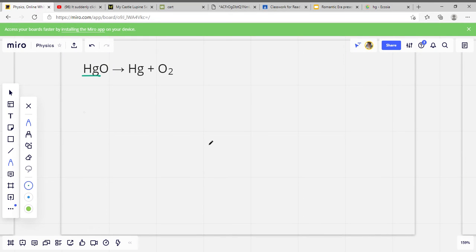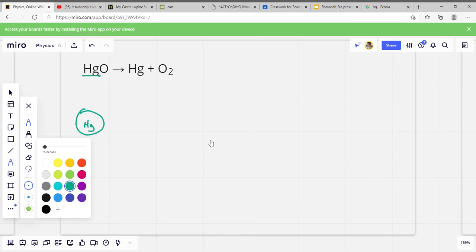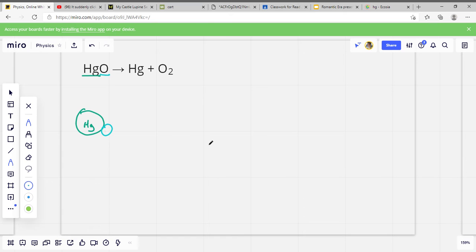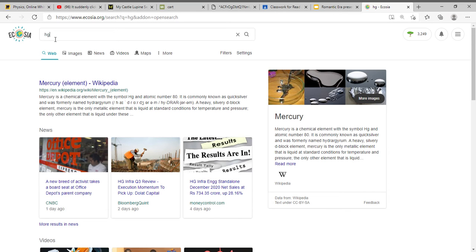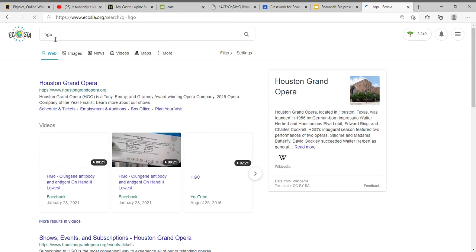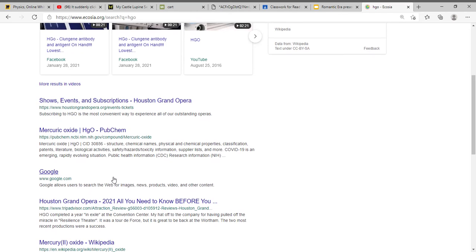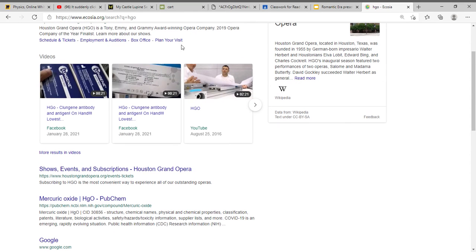Okay, so we have 1 of those, and then we've got an oxygen connected to that. And that makes our HgO. Wonder what that is. Let's find out. Mercuric oxide. Whatever that is.